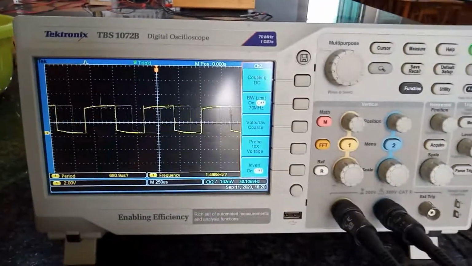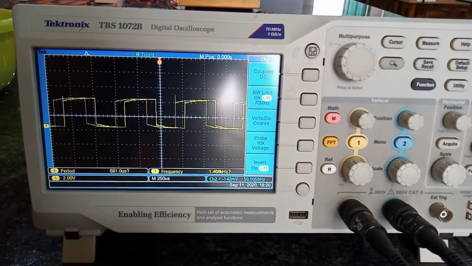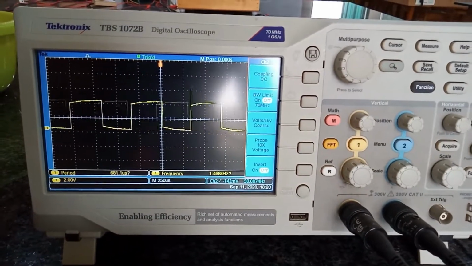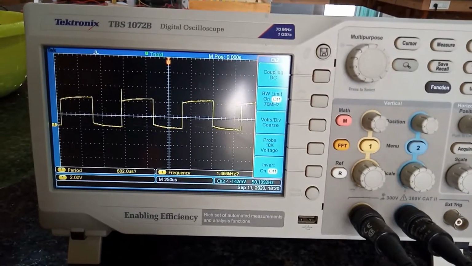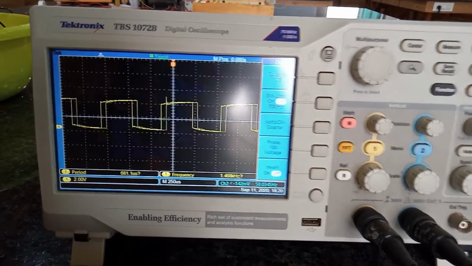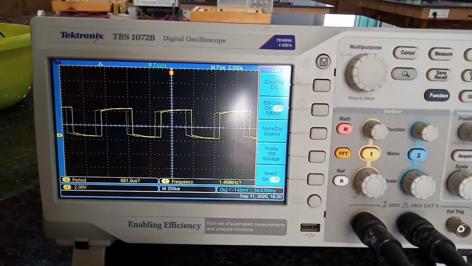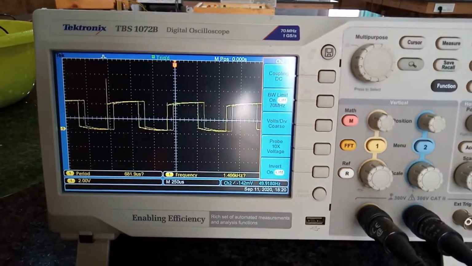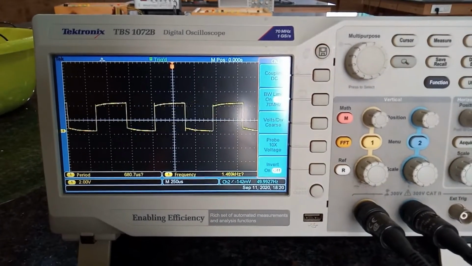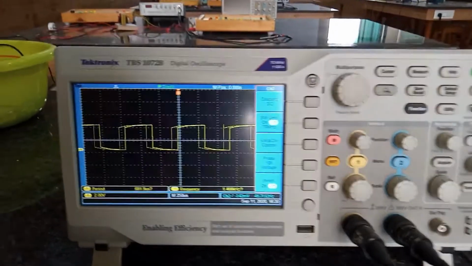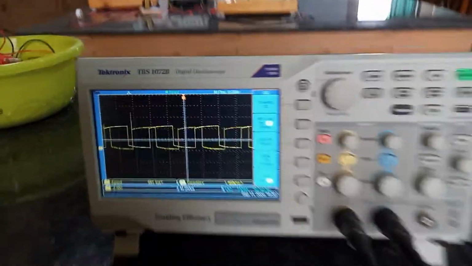This is the quality of the waveform, and we can see the period is there, and the frequency is also there, 1.46 kilohertz. The period is 682 microseconds. The frequency is also given. This is the observed value. You have to find out the calculated value from the formula given to you in the observation table.